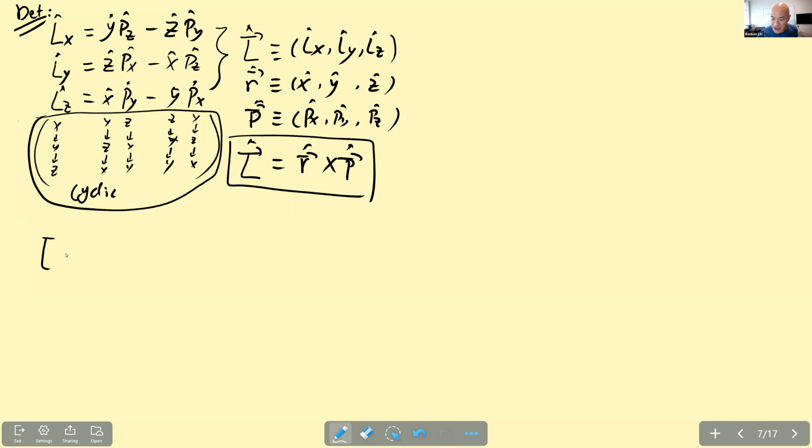Now we know that this dimension of course equals the dimension of R times the dimension of P, right? So this is the same as the dimension of h bar. Okay, so this is one thing that's interesting about this angular momentum.